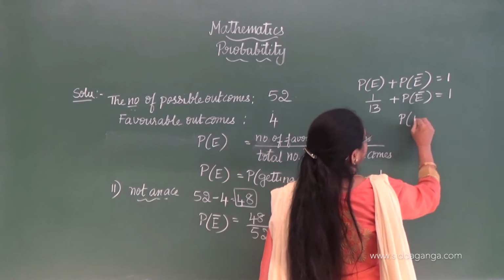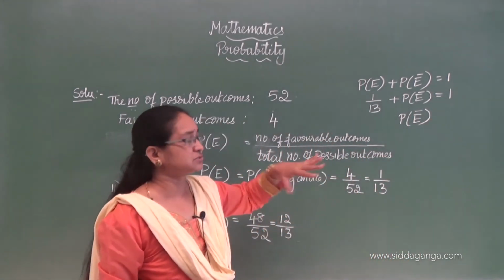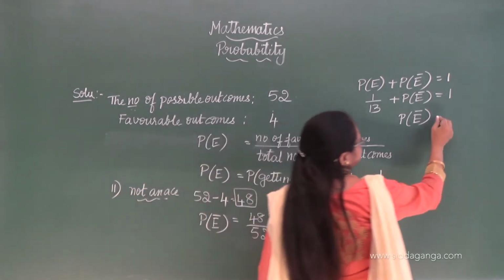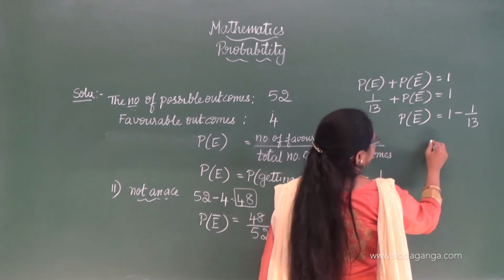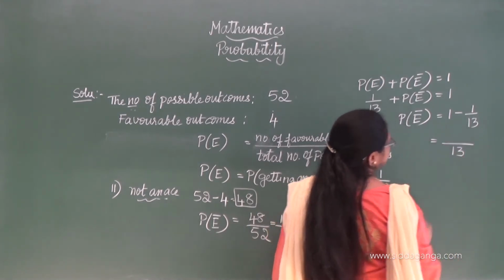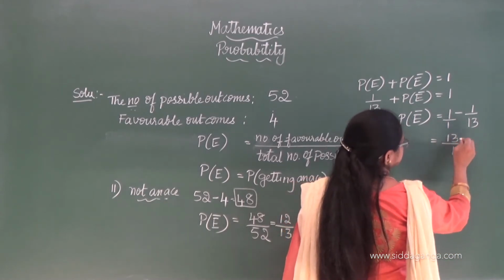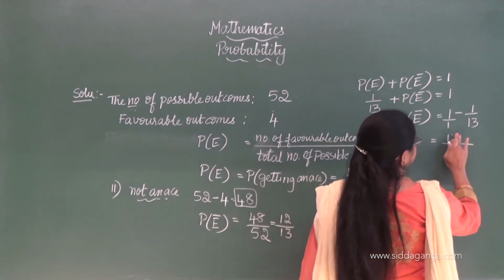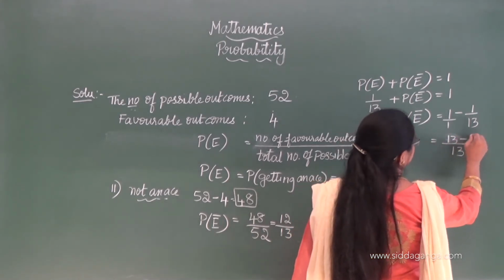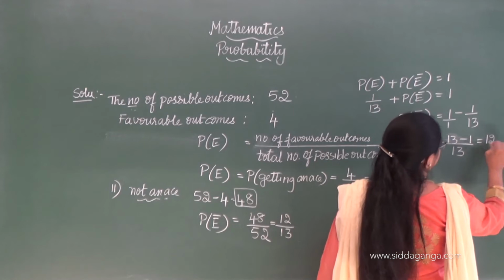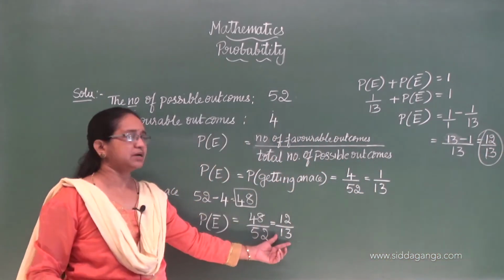So P of not E, the complement, means it is not E, is equal to 1 minus 1 by 13. Take the LCM: 13 minus 1, so 12 by 13. See, we got the answer, 12 by 13.